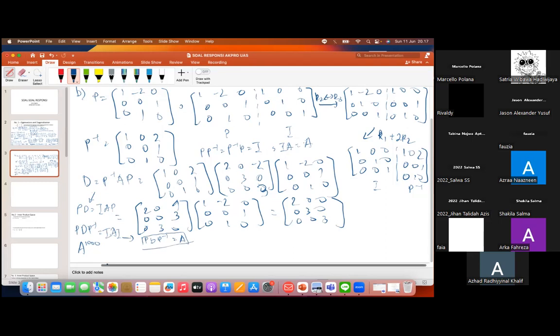So for A to the power of 1000, it's P, D to the power of 1000, P inverse. This is the formula.